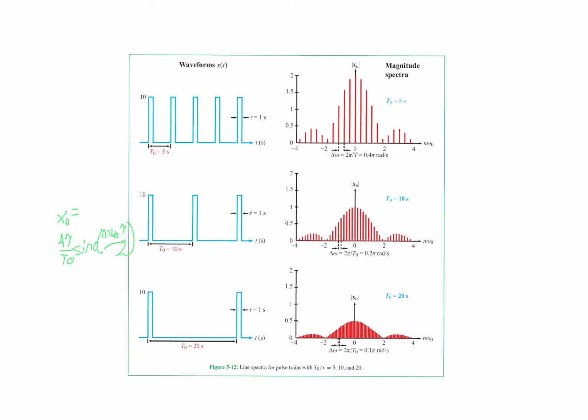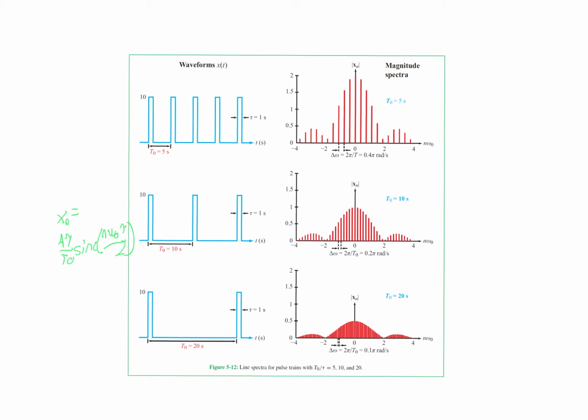One thing I want you to notice is for these 3 Fourier series magnitude spectra, they all have identical density. Notice here that the height is getting cut down because I have to divide by the period t naught.